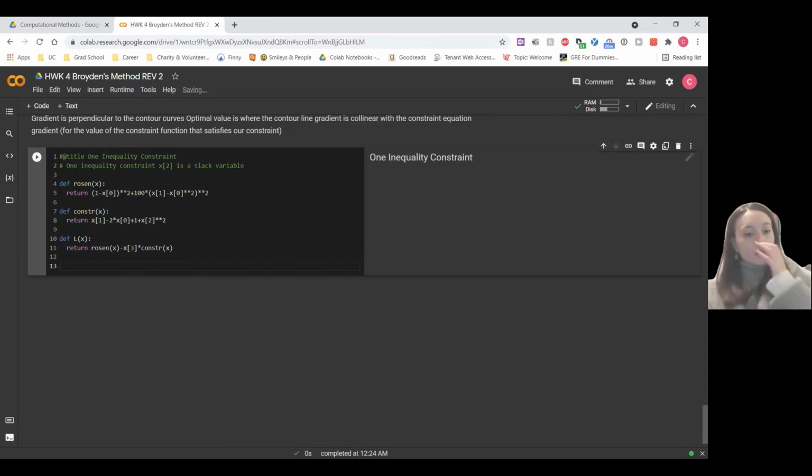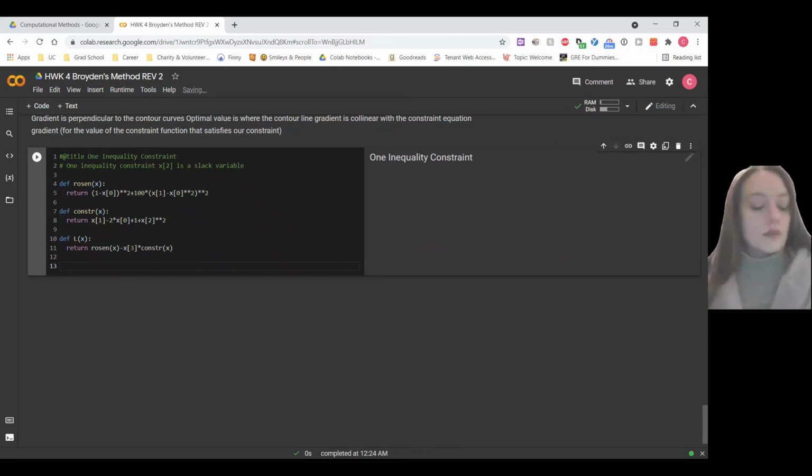So now if we're wanting to apply Broyden's method to this optimization, just as we did before, we're going to calculate the gradient for our Lagrangian, because we aren't actually trying to minimize our value of the Lagrangian.